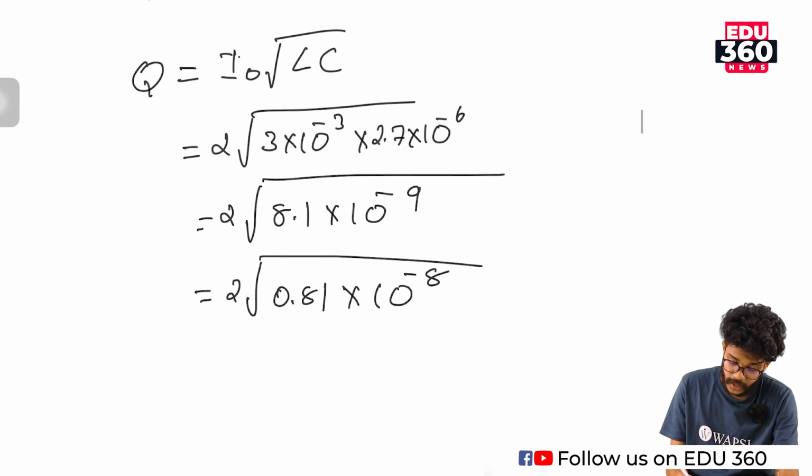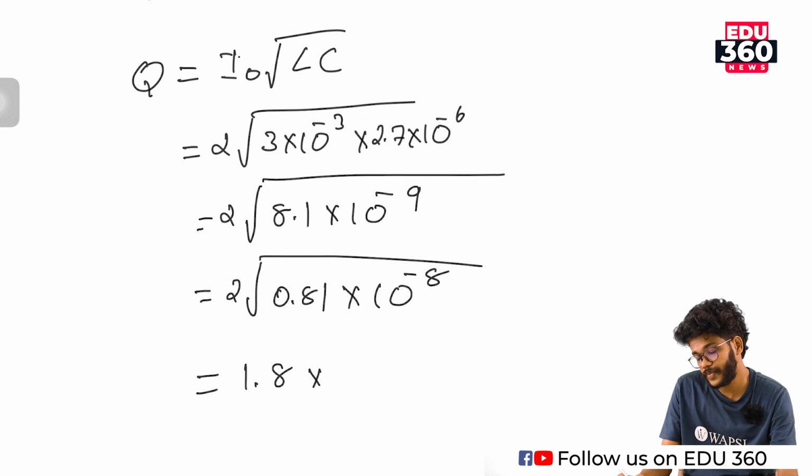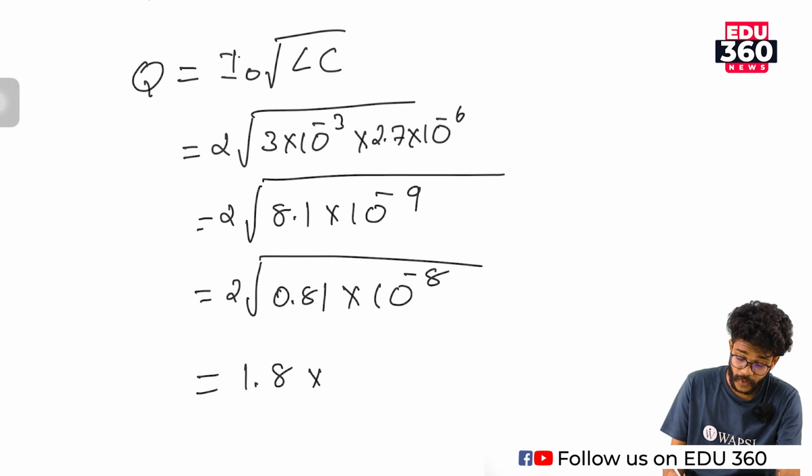The root of 0.81 is 0.9, so 2 into 0.9 is 1.8, into root of 10 raised to minus 8, which is 10 raised to minus 4. So 1.8 into 10 raised to minus 4.